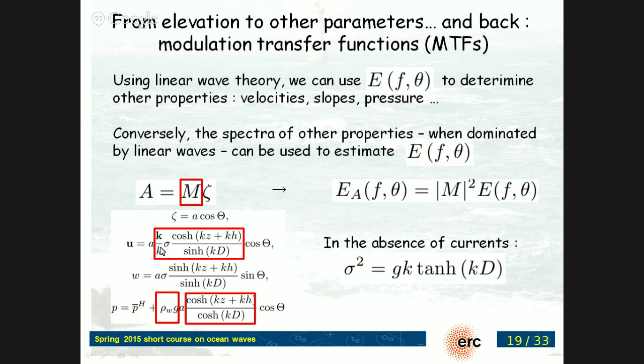So that's true for the velocity, vertical velocity, the surface slope, the pressure, all the variables that are affected by the waves. You can write their linear transfer function from the elevation amplitude A to another amplitude, which is the amplitude of whatever you want, so bottom velocity or something like that. And so you can write your quantity as a transfer function times the elevation, and that's for all the linear stuff.